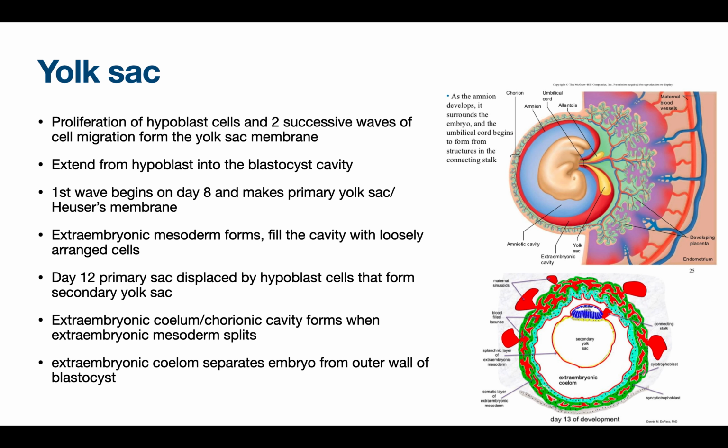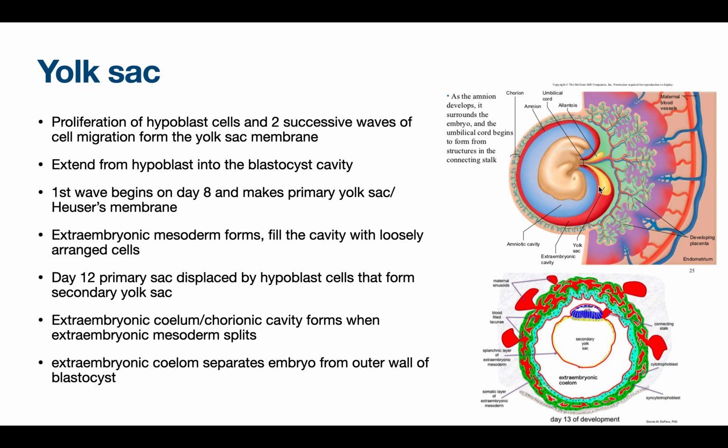So the yolk sac is the proliferation of the hypoblastic cells, and it occurs in two successive waves of cell migration to form the yolk sac membrane, and it extends from the hypoblast into the blastocyst cavity. The first wave begins on the 8th day, and it will form the primary yolk sac, also known as Heuser's membrane.